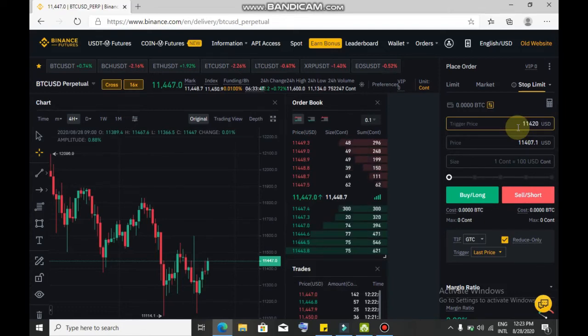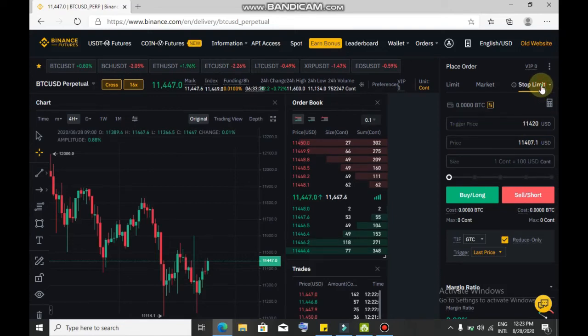Now when price gets to 11,420, my order gets triggered and my limit price gets entered into the order book at 11,407. It is not yet executed, because my limit price of 11,407 has not been reached, but my order will be in the order book because of my trigger price right here.